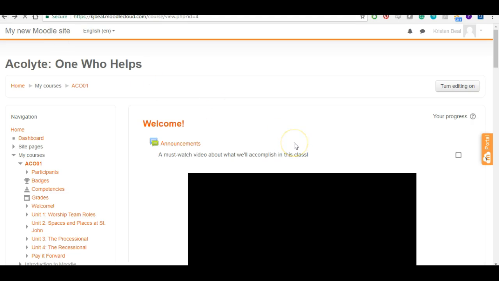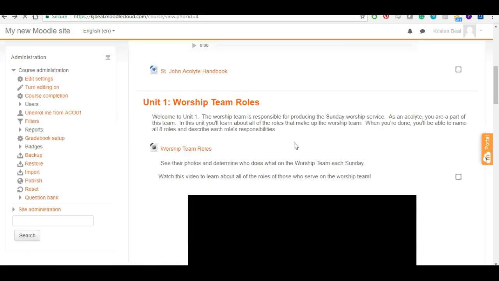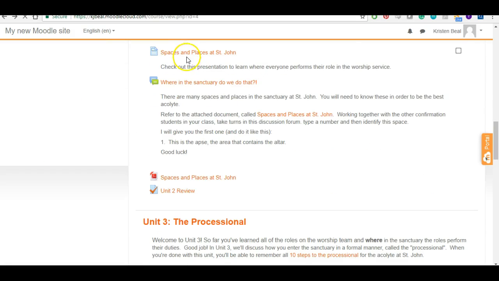Going back to unit 2, I did the Spaces and Places presentation, but I also did a type of collaboration exercise. I entitled it, in a discussion forum, Where in the Sanctuary Do We Do That?